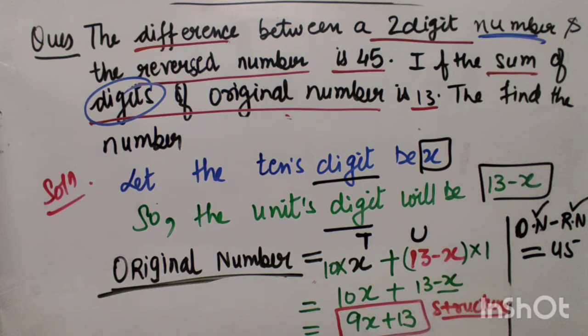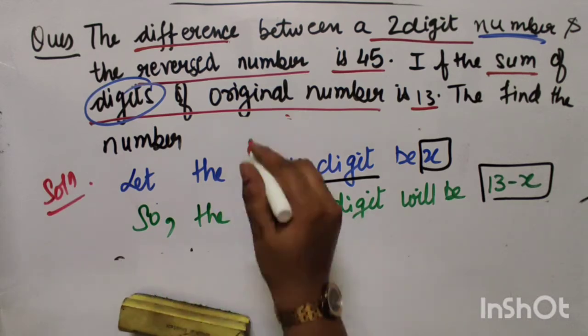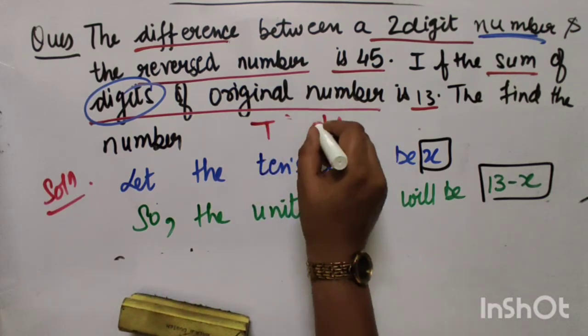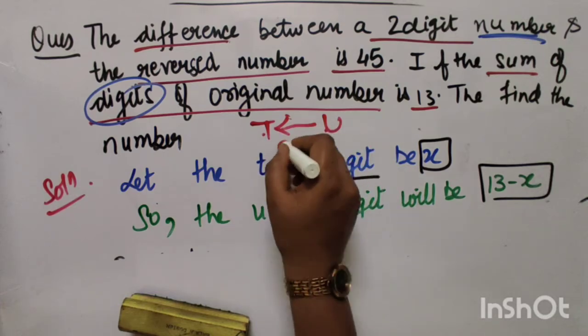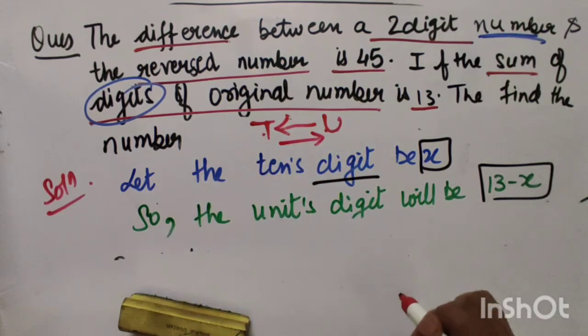Now children, I am going to erase this. Now you know that reversing means to change, ulta kar dena, right? So now I am going to reverse it. Reversing means the tens digit will become unit digit and the unit digit will become tens digit.